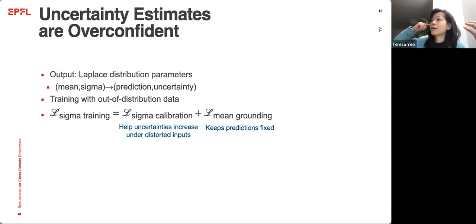The mean grounding basically keeps the prediction fixed, and the sigma calibration gets the predicted uncertainties to increase. It's something like an L1 loss that is computed against, for example, the error. So it's trained to increase under out-of-distribution inputs. Okay, I see.